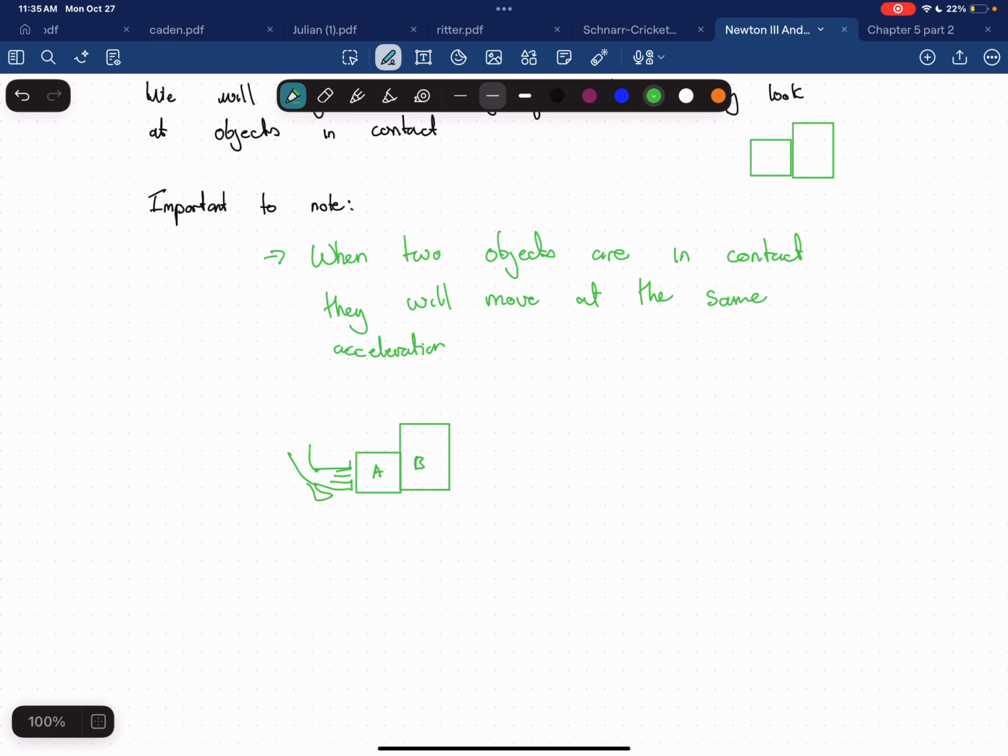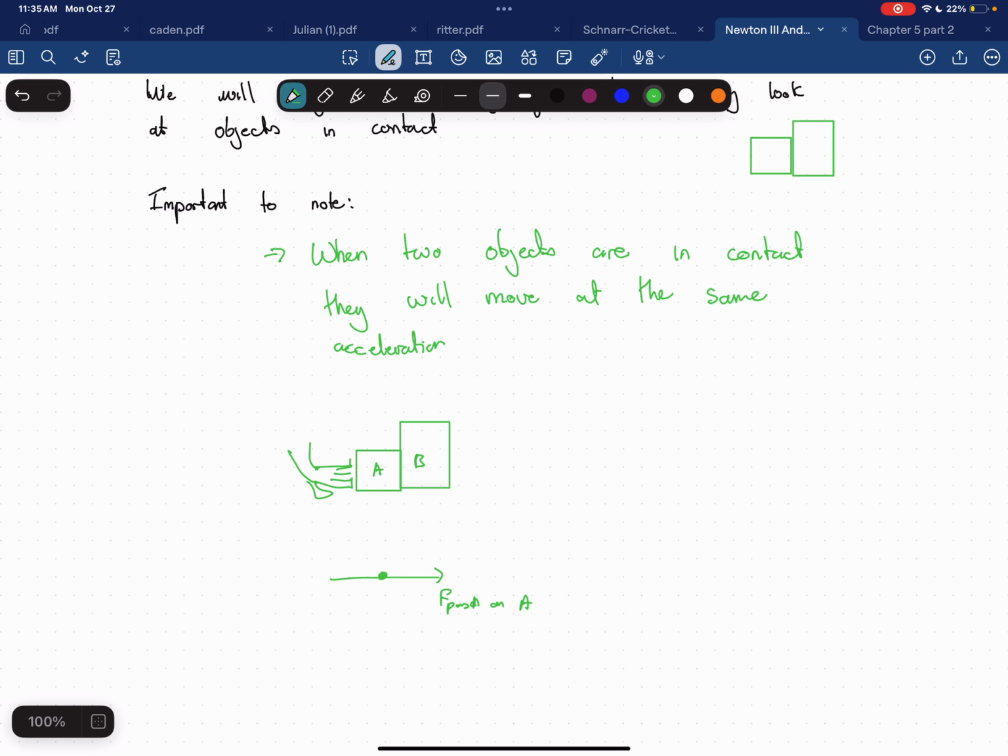I have my free body diagram. I'm going to have the force of push, F push. Really, it's only going to be on A, which we'll see later. And so this is the free body diagram of the box A.